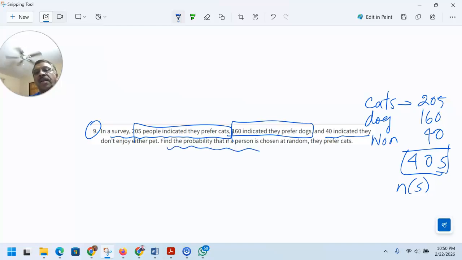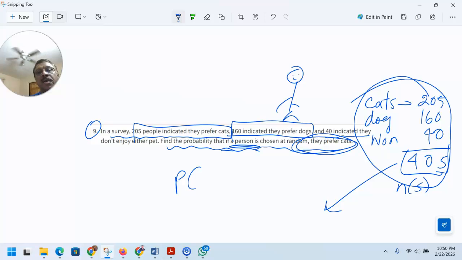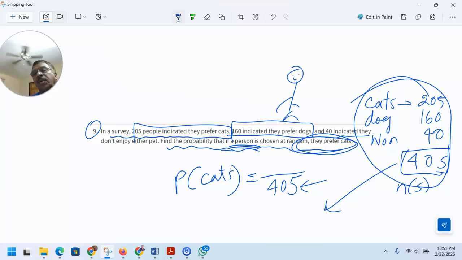If you select from the 405 any one person and ask whether he prefers cats, the probability of the person liking cats: the total is 405, the total number of possible outcomes.